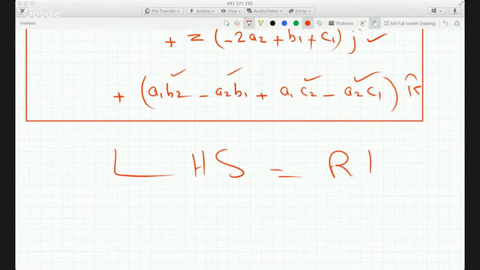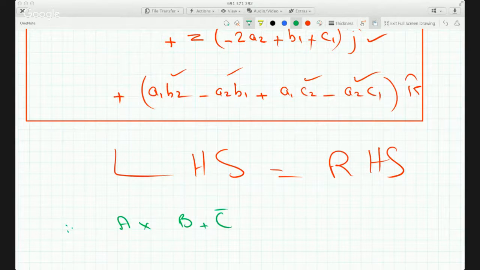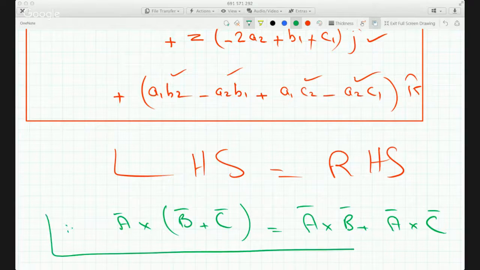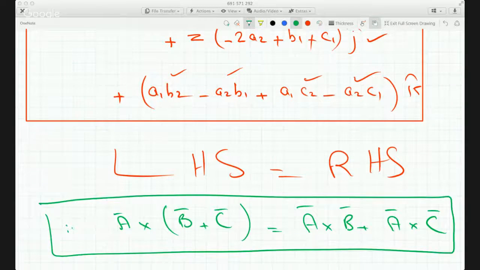LHS equals RHS. Therefore, it's definitely distributive. Therefore, a cross b plus c is indeed equal to a cross b plus a cross c, provided that the vectors lie in the same plane, coplanar. So we've proved that explicitly.